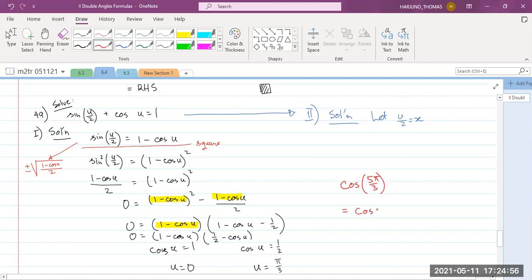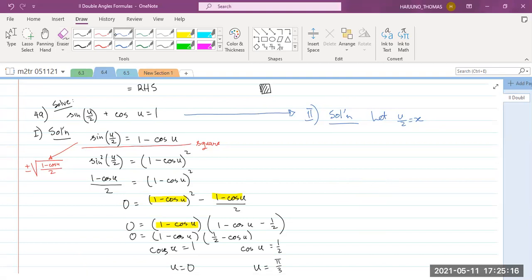So in quadrant 4 cosine is positive, and the reference angle is pi over 3. Yeah, cosine in quadrant 4 is positive. Okay, that's okay. I made that mistake too before.